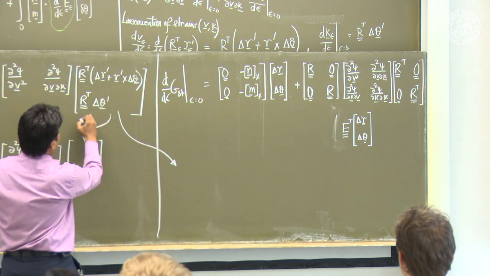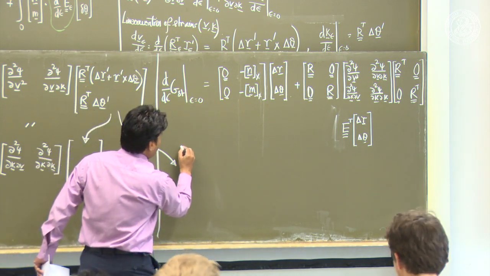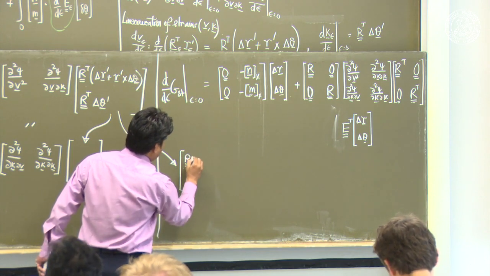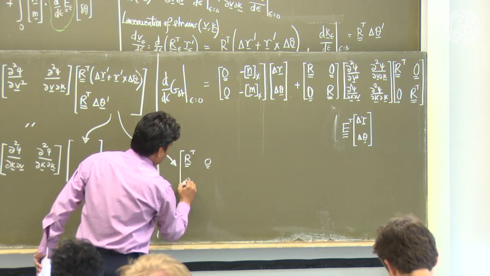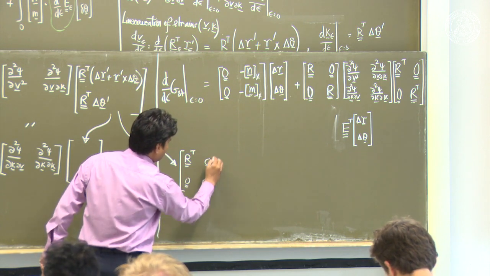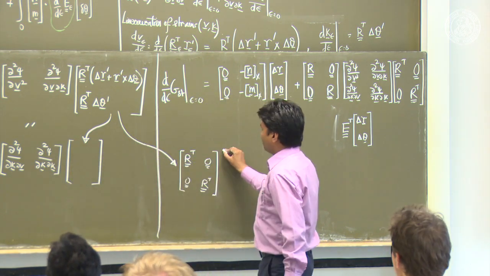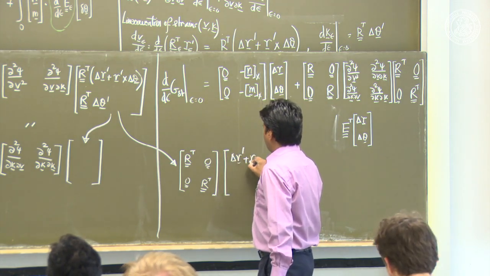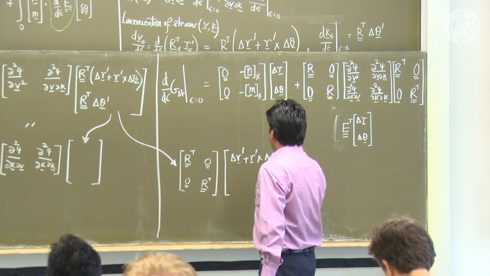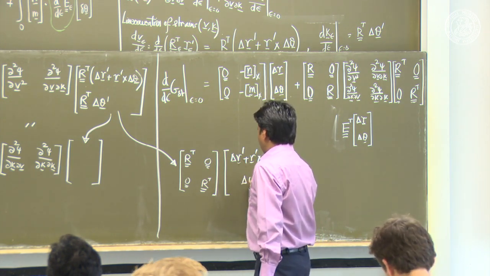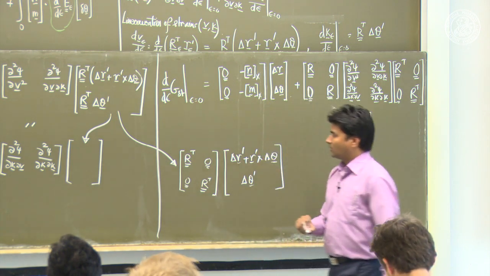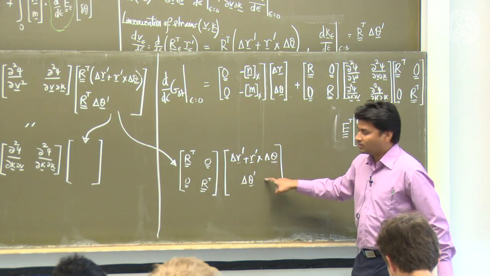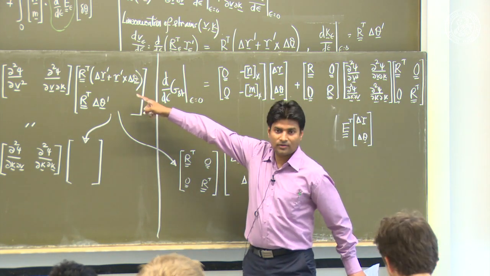This thing over here, can we say this is the same as big R transpose 0 0 big R transpose times delta R prime plus R prime cross delta theta plus into delta theta prime. Can you say that? When you multiply this with this, you get exactly what it is over here.